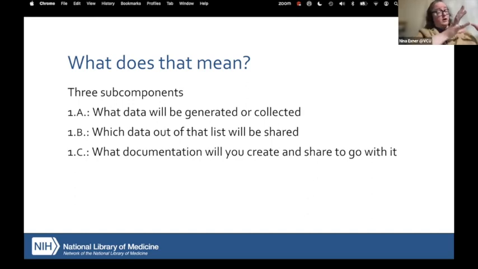So what is all of it? And then what is some of it? And finally, it also specifies what documentation and metadata will be created and shared to go with it. In a lot of cases, that metadata part is where data librarians can really help out.